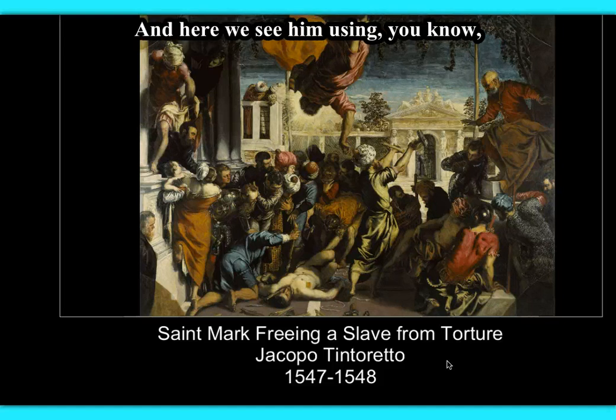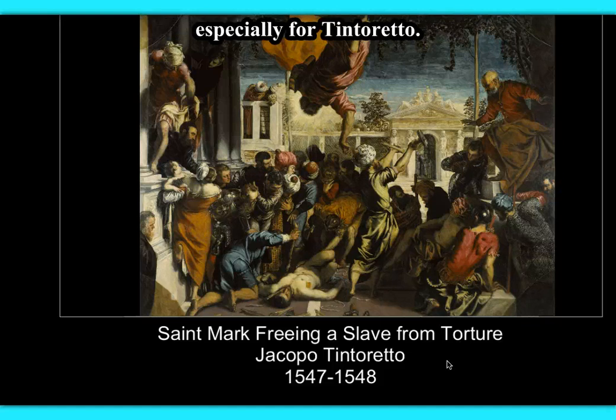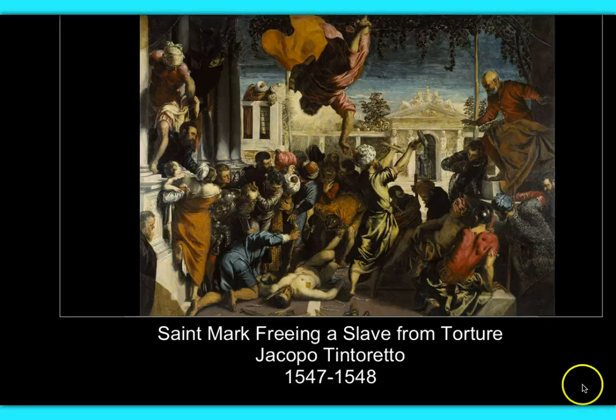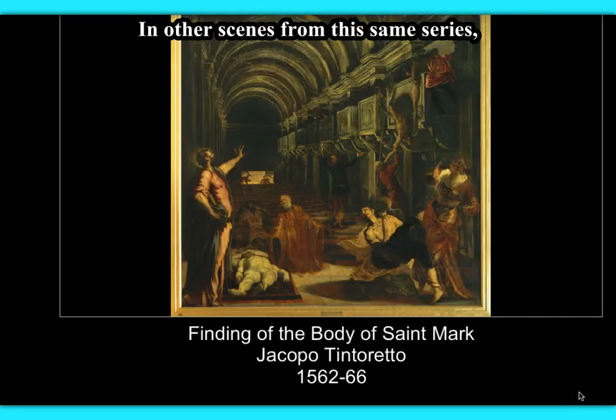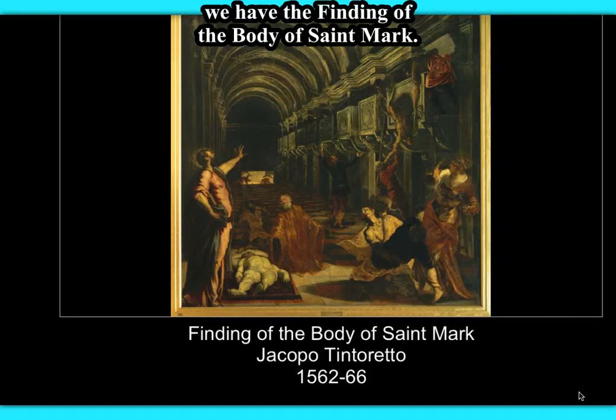And here we see him using a fairly bright color palette, especially for Tintoretto. In other scenes from this same series, we have the finding of the body of St. Mark.